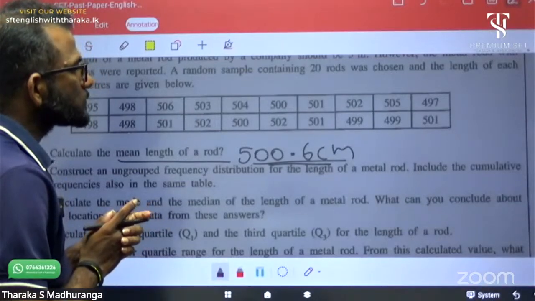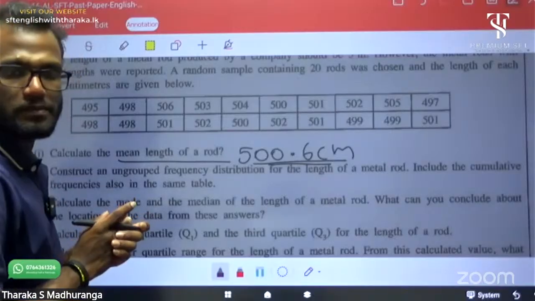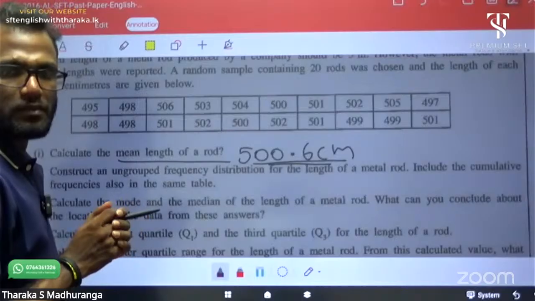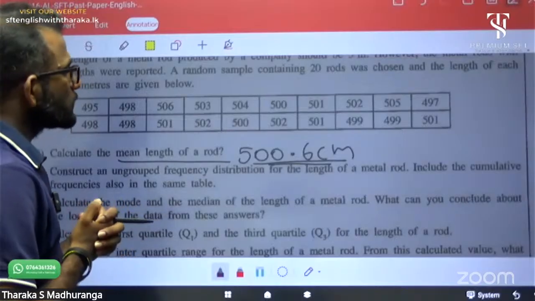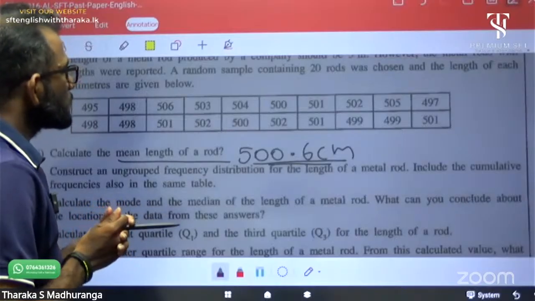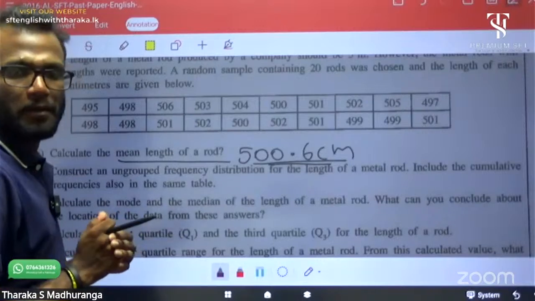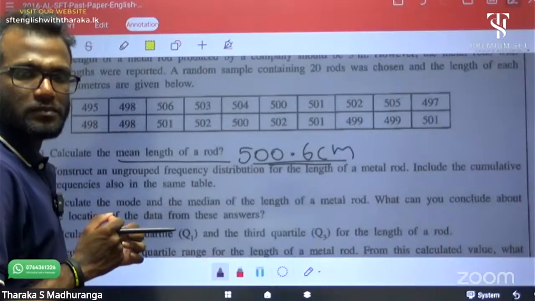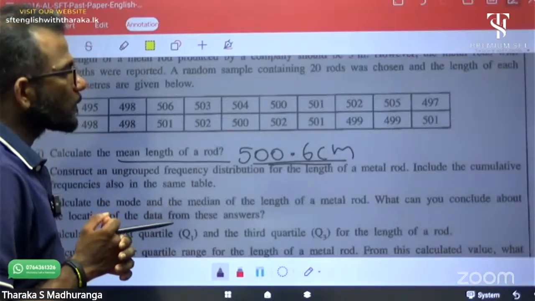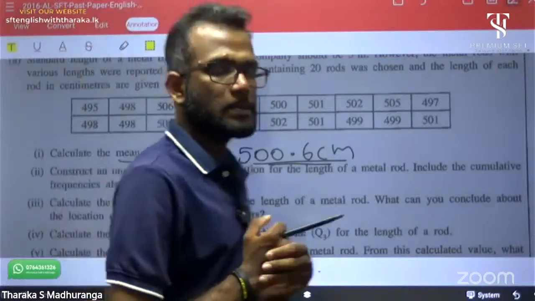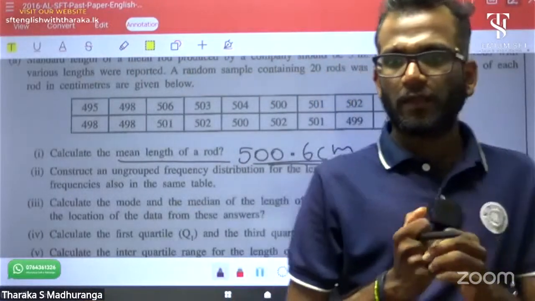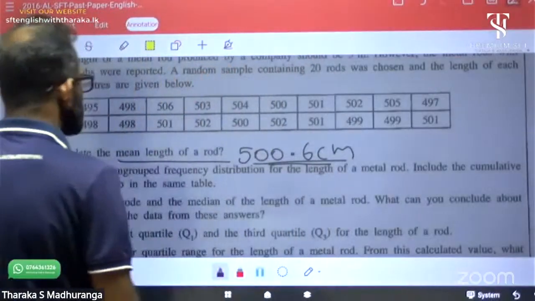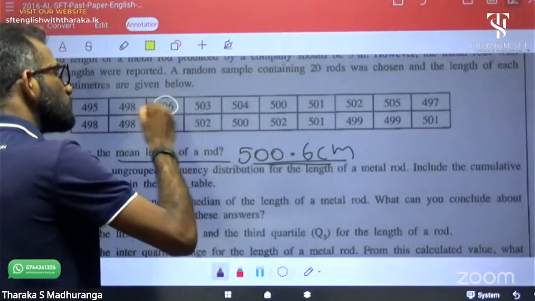It's 506. Yes, this is the maximum value.